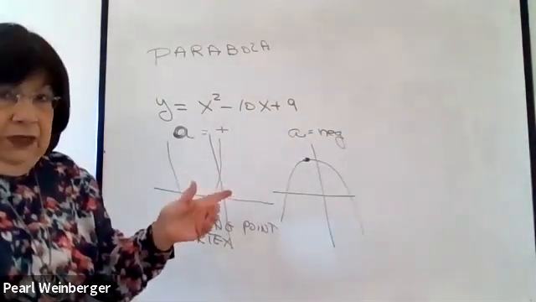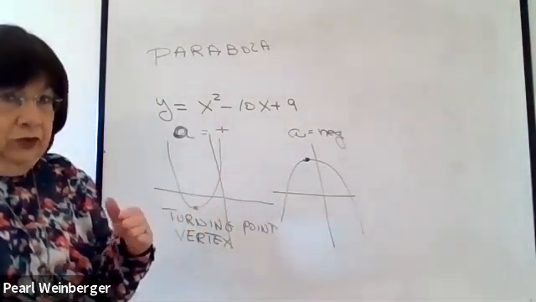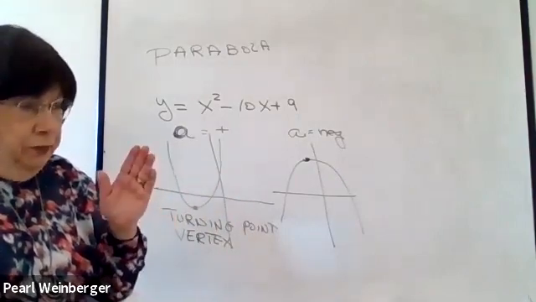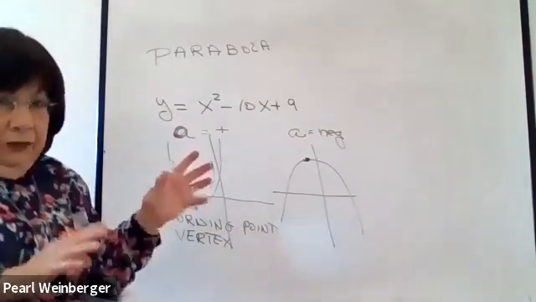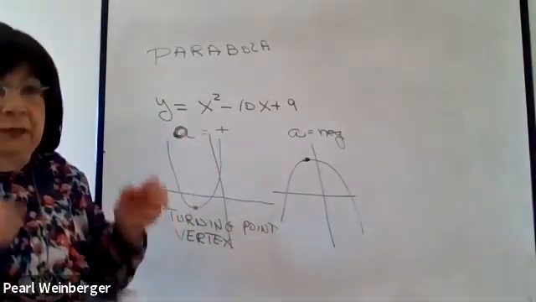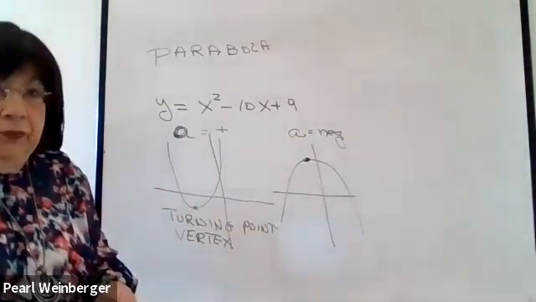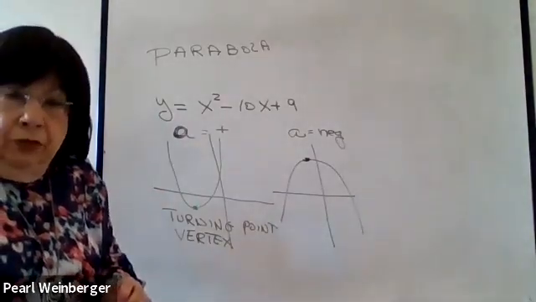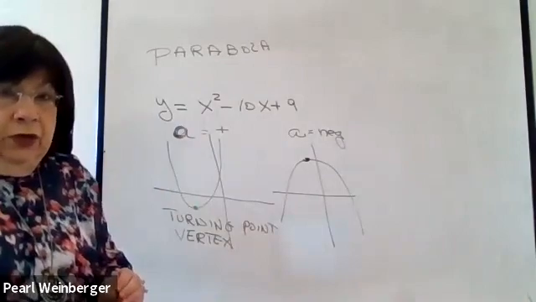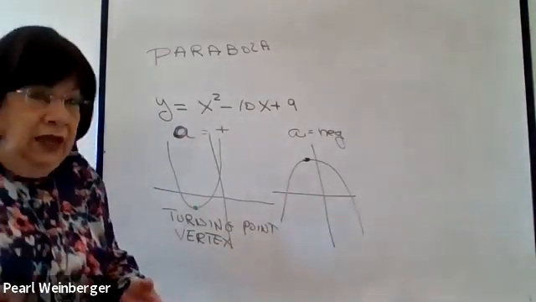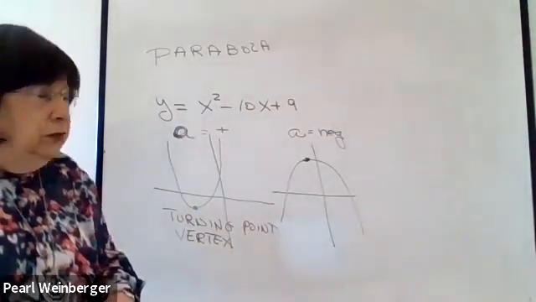The ellipse has X squared and Y squared with different numbers in front of them. Both of them are positive, both in the circle and the ellipse. In the hyperbola, we have an X squared and a Y squared, but one is positive and one is negative. That makes it a hyperbola.